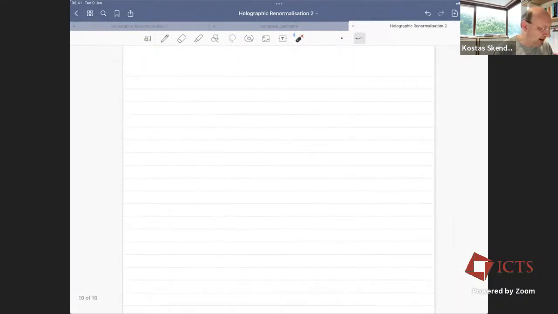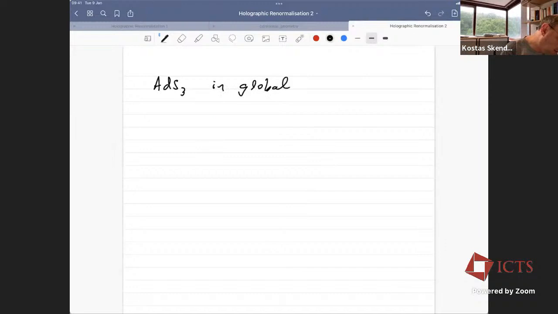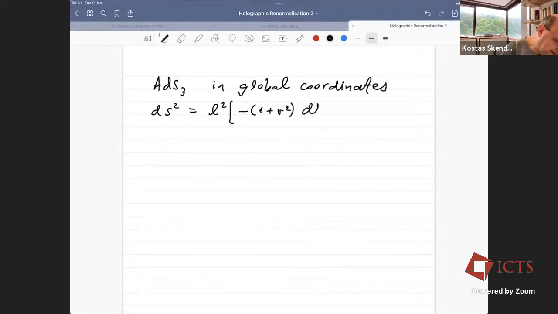So let's start with AdS3 in global coordinates, for which I will now give yet a different set of global coordinates, and a different radial variable, where phi is an angular coordinate.